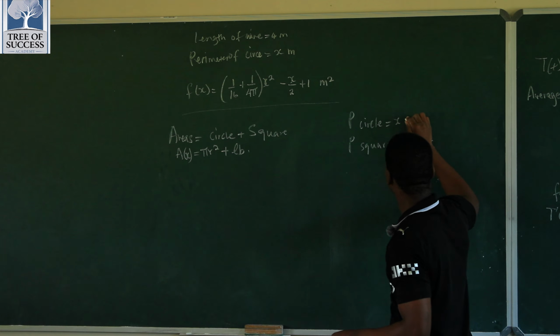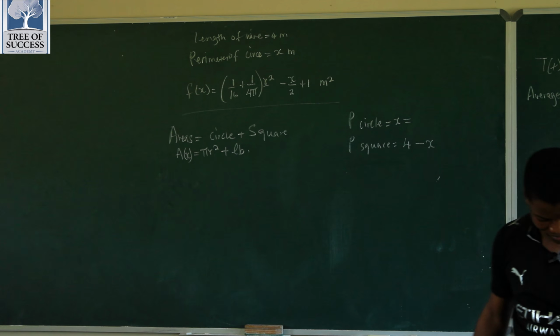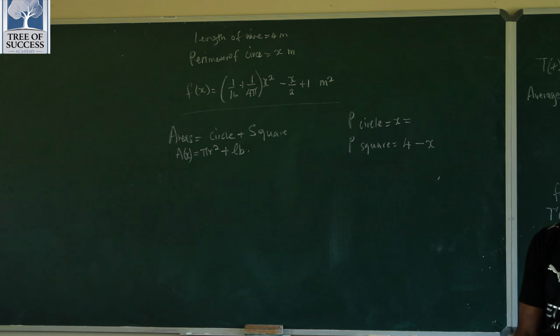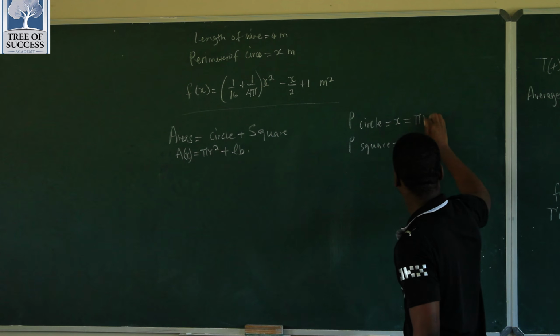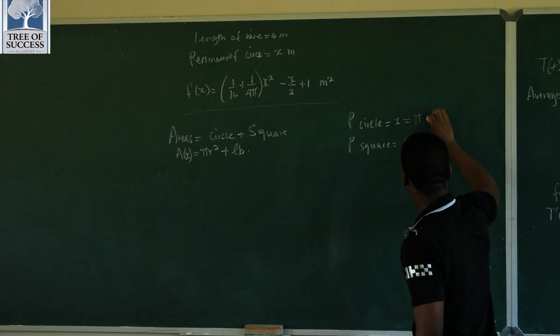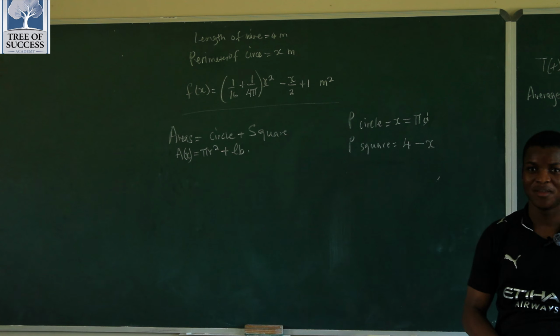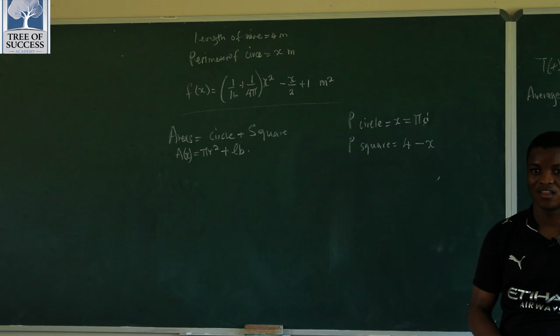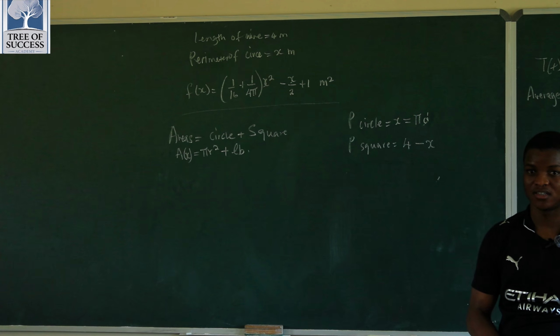Okay, how do you calculate the perimeter of a circle? Guys, you did measurements last year. It's pi times diameter. Can you please confirm? The circumference, yes, it's pi d.